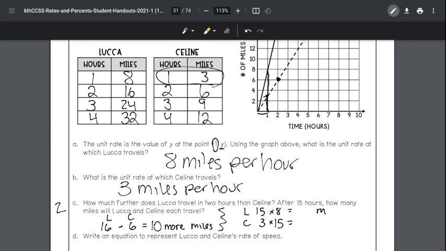Okay? To figure out how many miles she walks. So if we solve 15 times 8, we find out that Luca travels 120 miles. If you solve 3 times 15, we find out that Celine travels 45 miles.